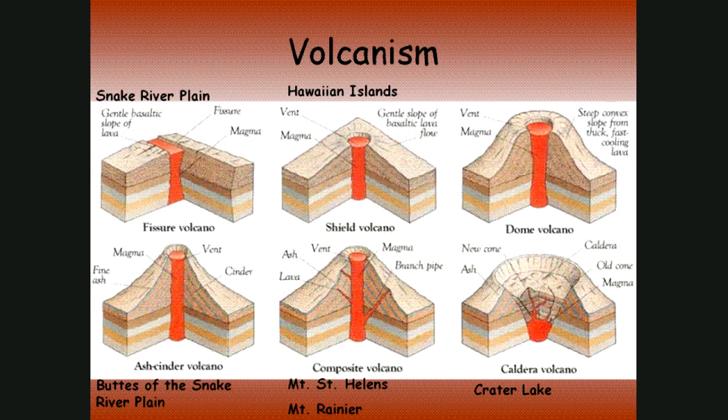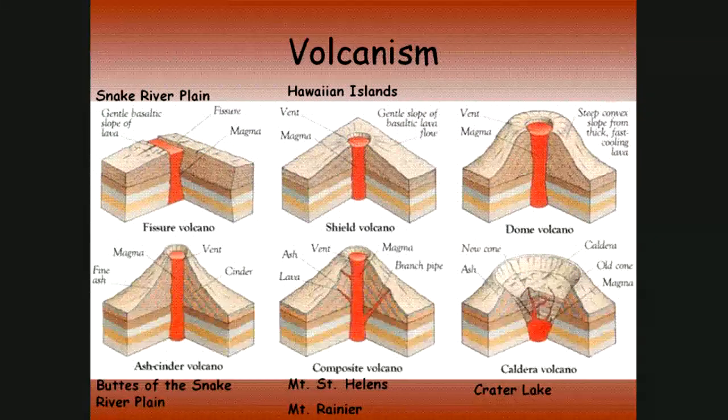Another type is the ash or cinder cone. That's usually from explosions that pulverize a lot of rock, and so they send out a lot of cinder, small rock, and dust. And so the cone around it is rather steep.